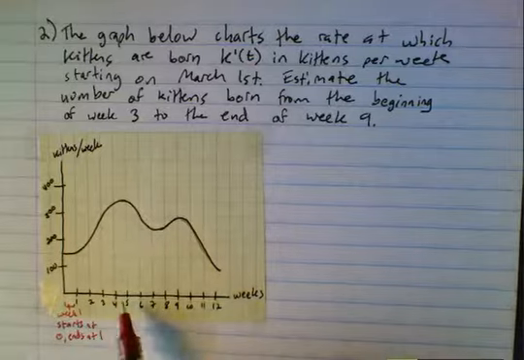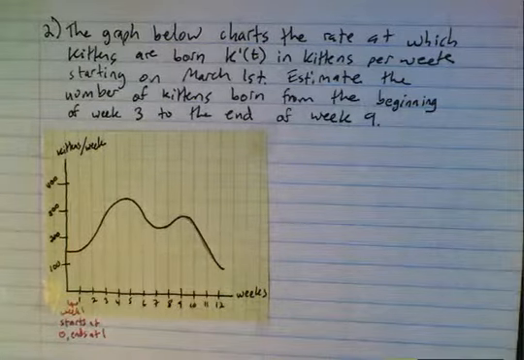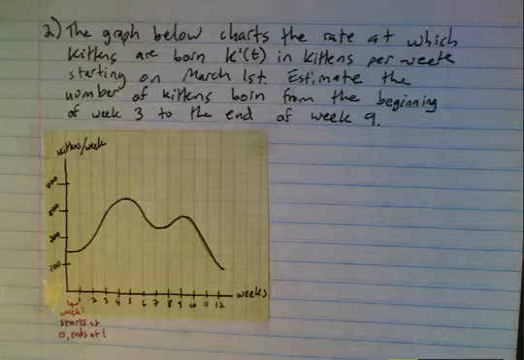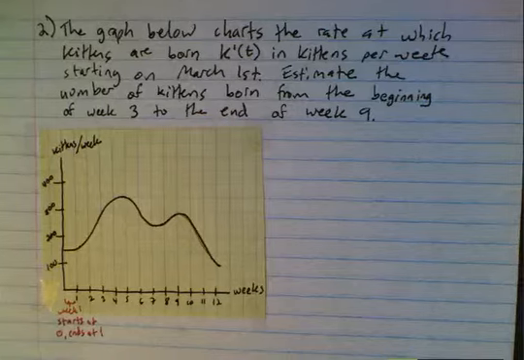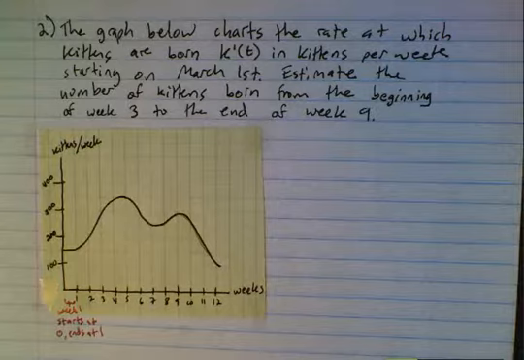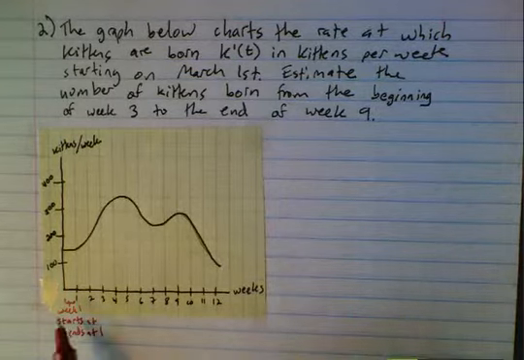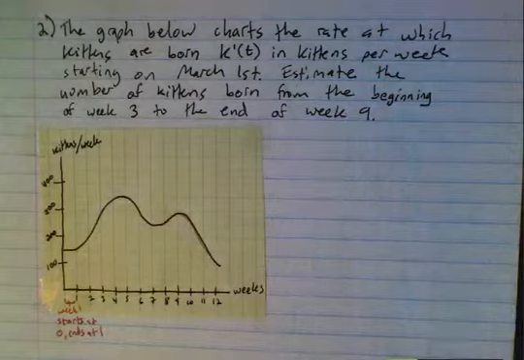These numbers are coming at the end of each week. And sometimes this matters, sometimes it doesn't. Sometimes, if we're talking about seconds, for example, the seconds are so close together on the graph that it really makes no difference. But for something like this, where we're talking about the beginning and the end of things, it actually does make a little bit of a difference.